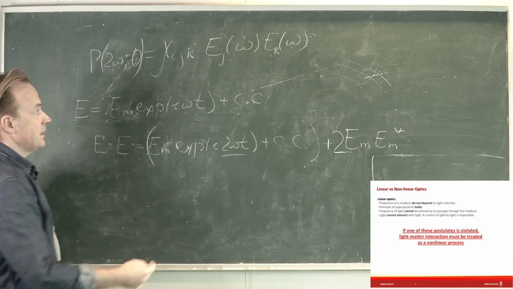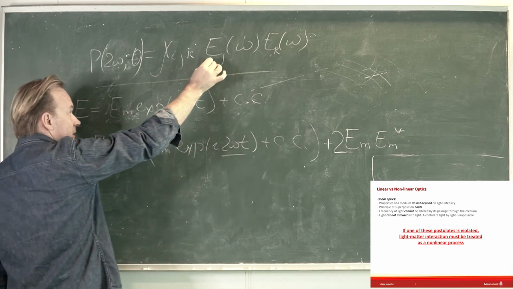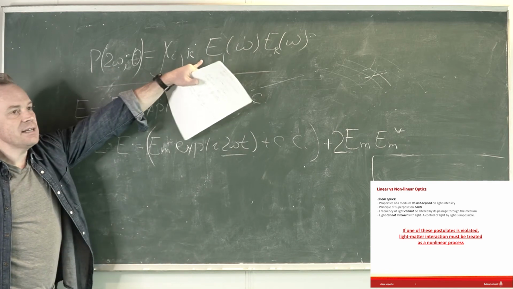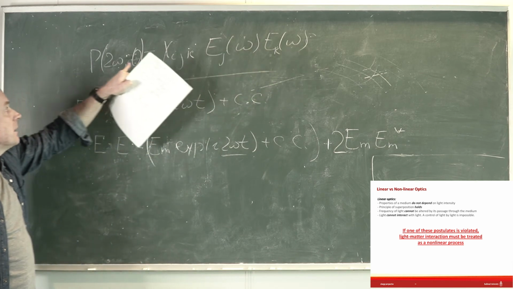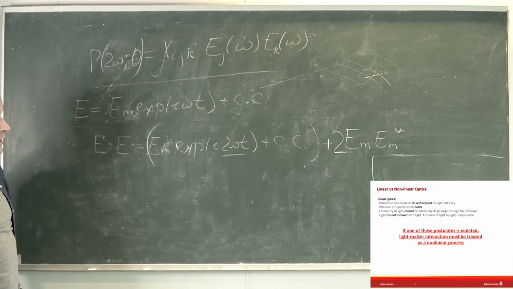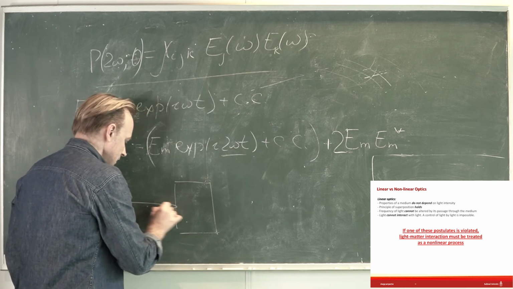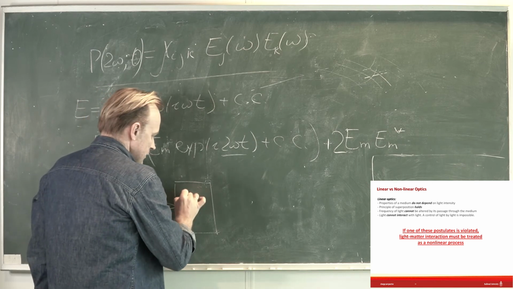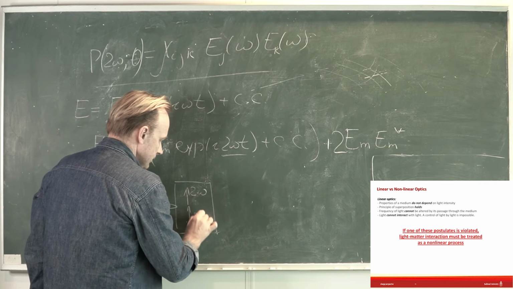What it means? It means that if you take into account this dependence of the polarization on the electric field of light, the polarization induced by the electric field will not be anymore at the frequency omega. The frequency will be changed. And it would mean that if you send light at the frequency omega to the crystal, you will induce polarization at the frequency 2 omega and at the frequency 0.